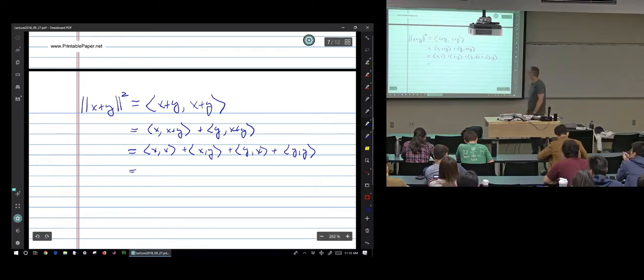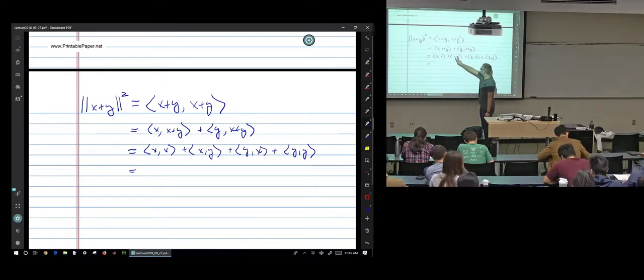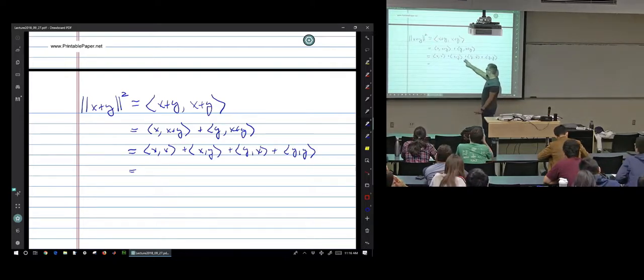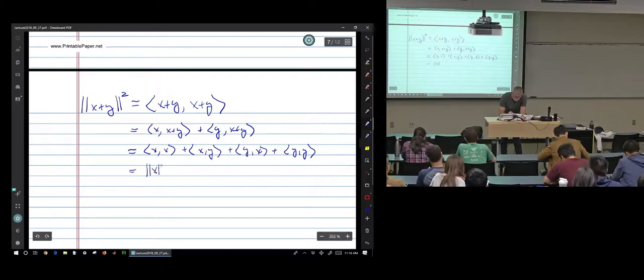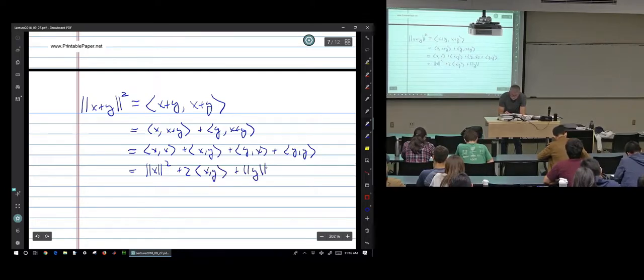Because it's real, when I flip x and y, nothing changes. If it were the complex case, I'd have a complex conjugate when I flipped it. So that's what makes it more painful. So this is norm x squared. This is 2 times the inner product of x and y. And this is my, I shouldn't say norm, my double bar thing squared.